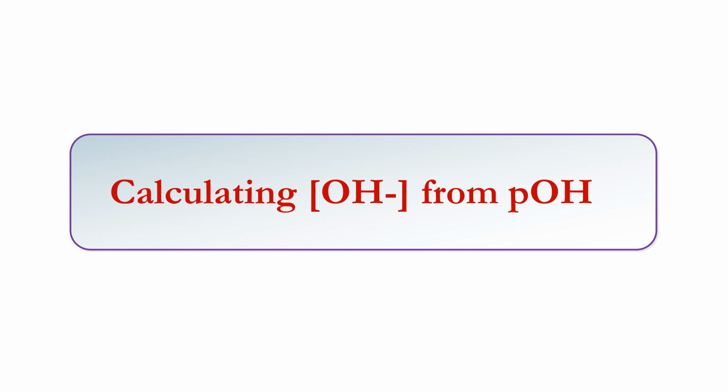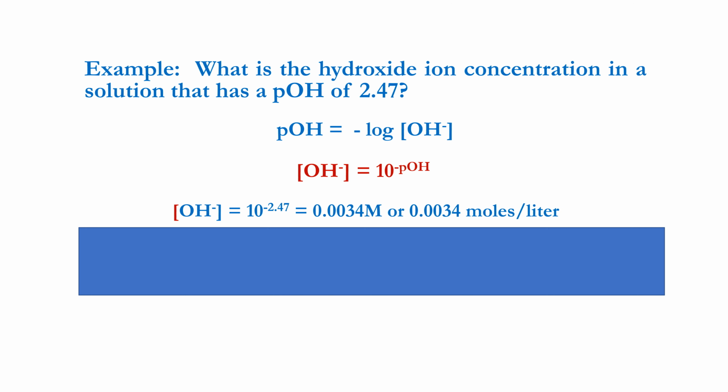Now we learn how to calculate OH ion concentration when we are given pOH. Let's have a look at this example. What is the hydroxide ion concentration in a solution that has a pOH of 2.47? So we write the formula for pOH, which is equal to minus log OH ion concentration.